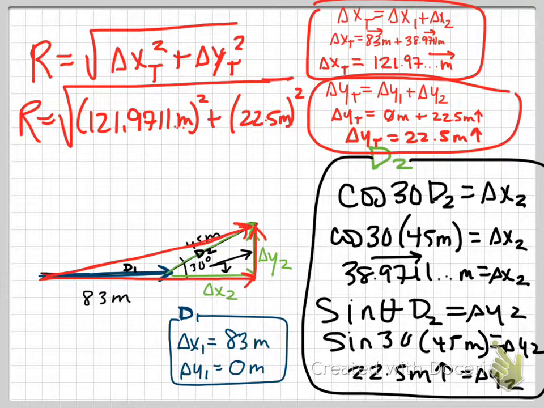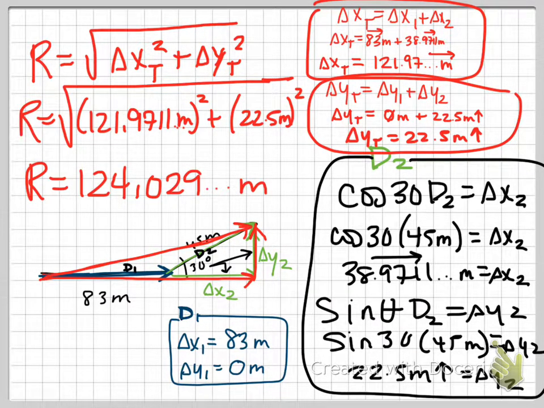I'm going to take the square root. That's where using the multi-view calculator is great, because you can just keep that number, pull it right down, square it, and put it right in. Let's get a raw number. Okay, I get a resultant value of 124.029 blah blah blah meters.